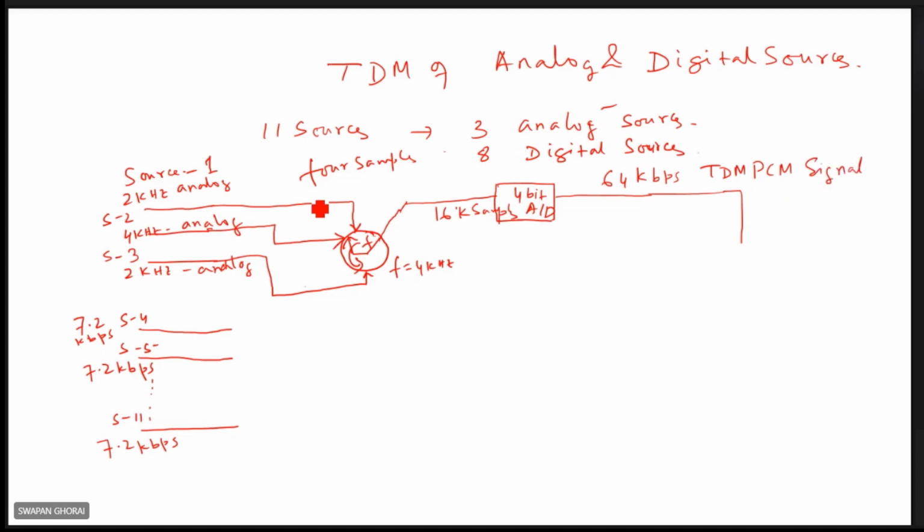For these three sources, you see it is 64 kbps. Now consider the digital sources. For the digital sources, you see the 7.2 kbps, you have to use pulse stuffing. If you use pulse stuffing, it can be raised to a rate of 8 kbps.